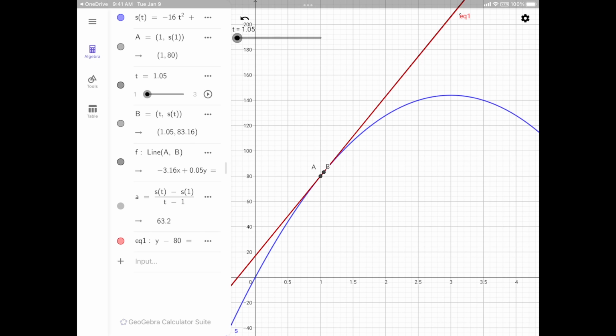We haven't formalized this, but that's a guess. And I can animate this to keep that going back and forth. And the red line for us is going to be the tangent line. I would guess then, based on these observations, that the slope of the tangent line, the slope of the red line, equals 64. And that's the whole point of this.